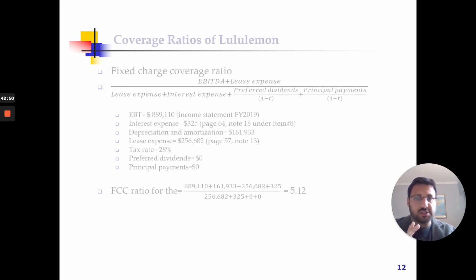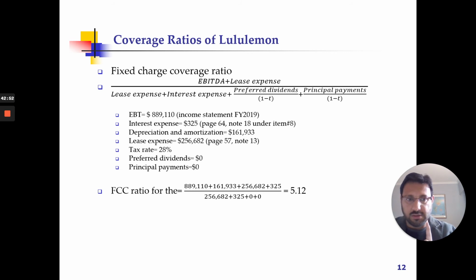Under the fixed charge coverage ratio, lease expense is also very important, and lease expense is the major expense of Lululemon because they have leased many stores for which they have to make lease payments. So it is actually EBITDA, which means the limitation of the previous ratio is improved over here, even though the previous one is the more popular ratio.